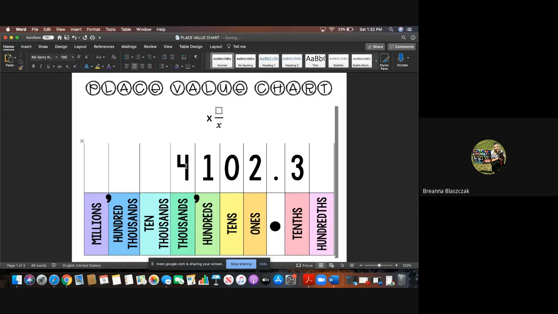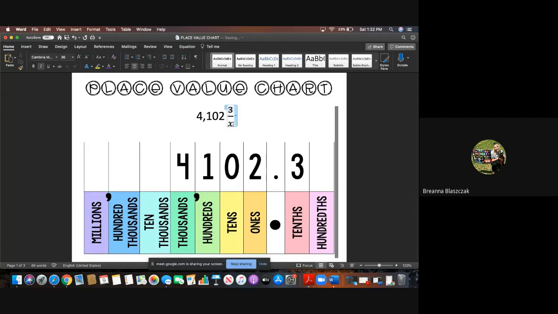So I would say this as 4,102 and 3/10. So my whole number is 4,102. Put the comma in there if you'd like. And then I have 3/10. So 3 is my numerator, and 10 would be my denominator.